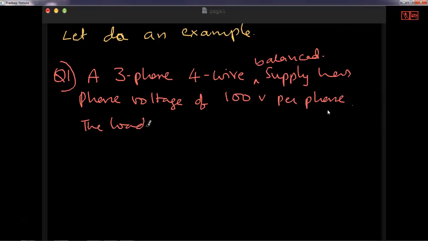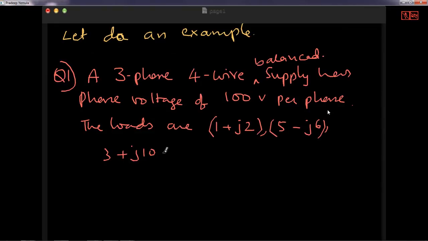The loads are 1 plus j2, 3 plus j2, j10. So these are the loads on each phase respectively.